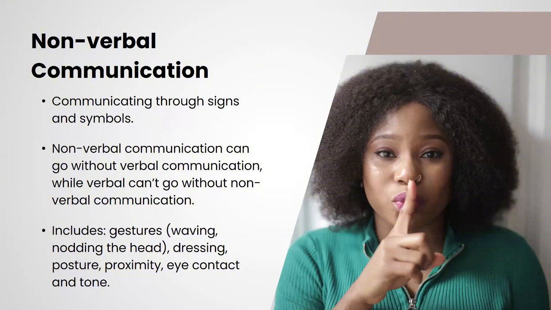You are chatting with your friend, a male and a female student, and the female student is giving a lot of distance, or the male student is giving a lot of distance. That is also communication on its own without even saying a word. But if you find that the male and female person are holding each other, that is also sending another message even before we hear any word.